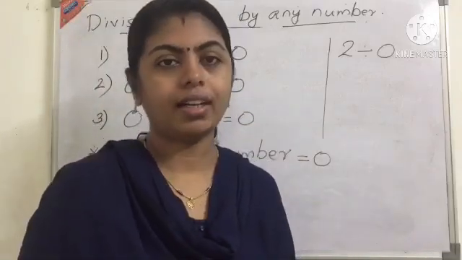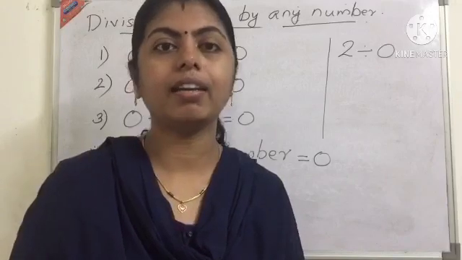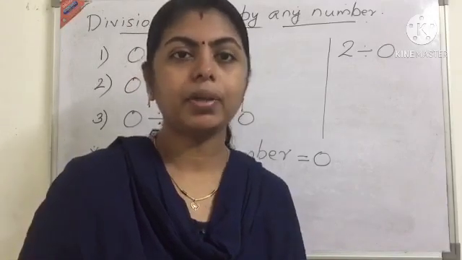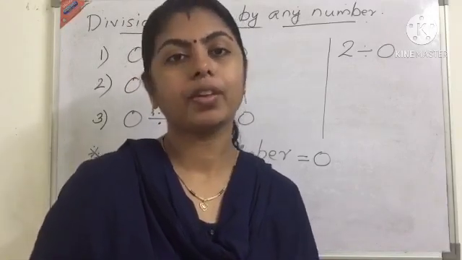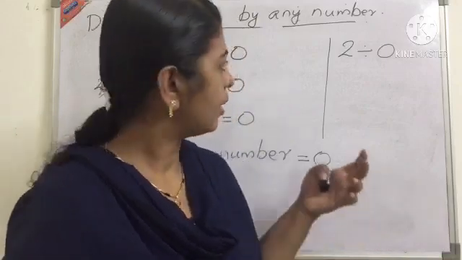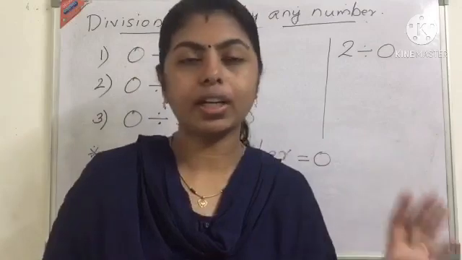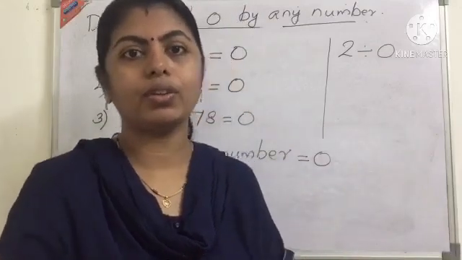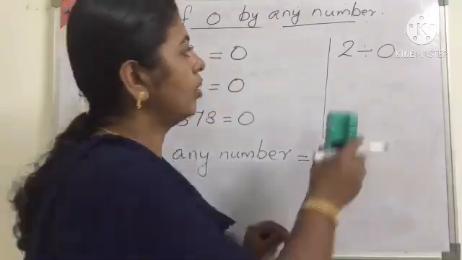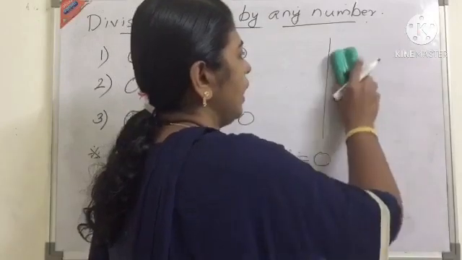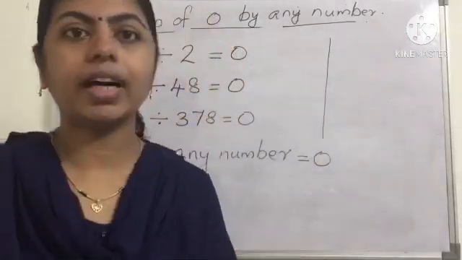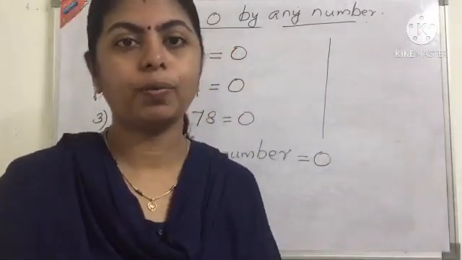Or we can say that we can't divide a number by 0. The reason is that division by 0 is not defined. So we can say that we can't divide with 0.